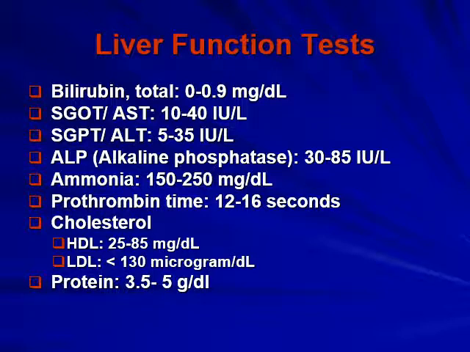So that's why we want a high HDL, so that we have more of that good cholesterol carrying all that fat and plaque away, rather than the LDL depositing it. And then protein, total protein, or albumin, 3.5 to 5. So you should have a pretty good idea of the reference range for that.